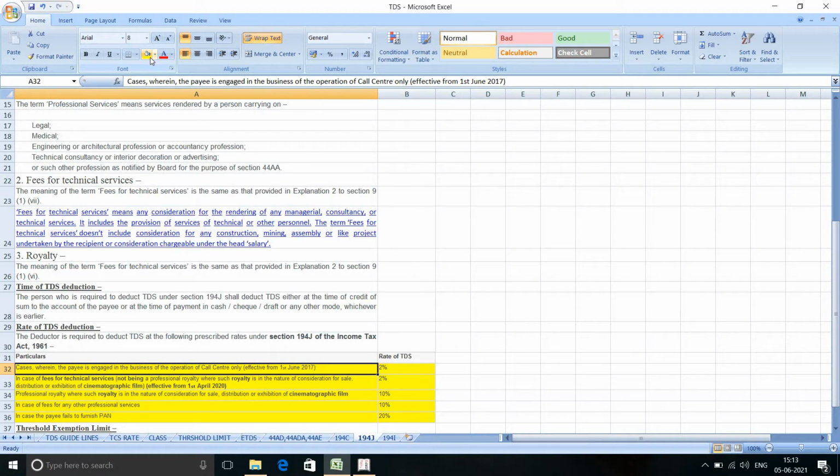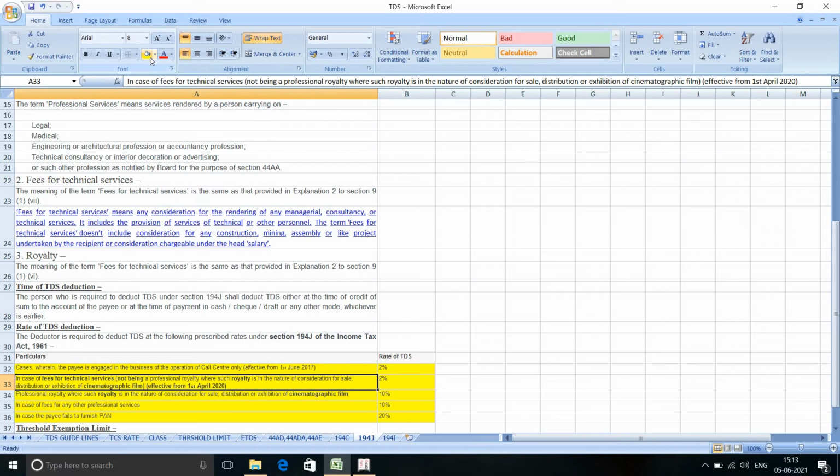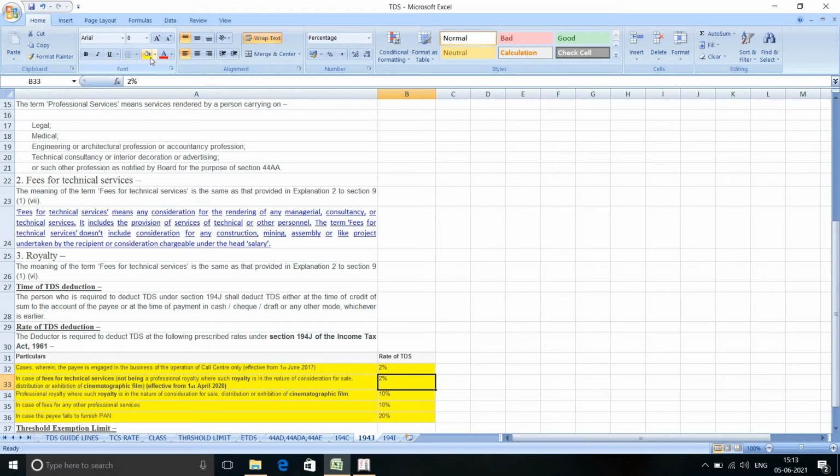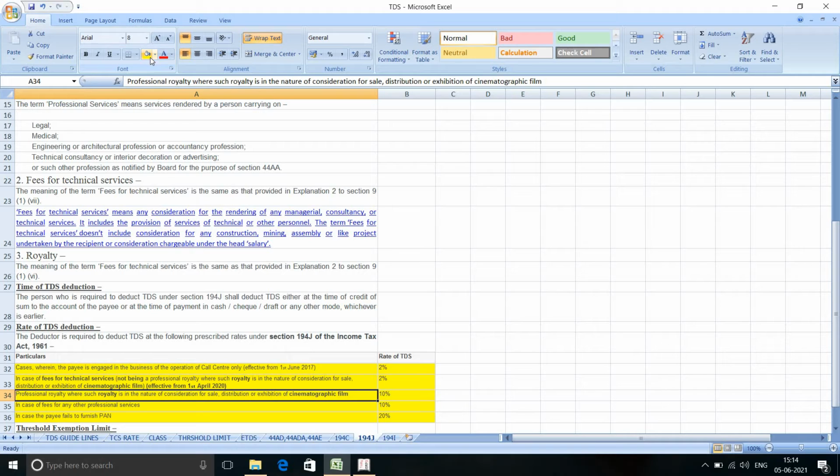In case of fee for technical services, TDS is also 2%.